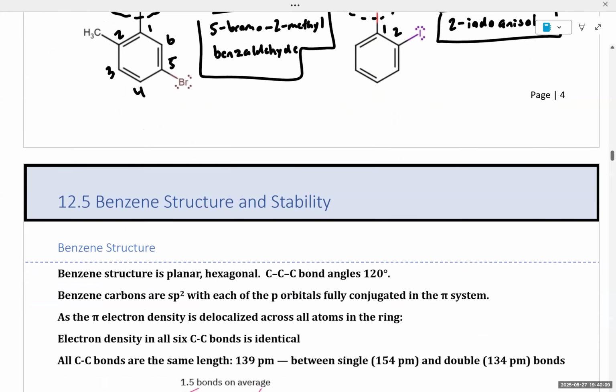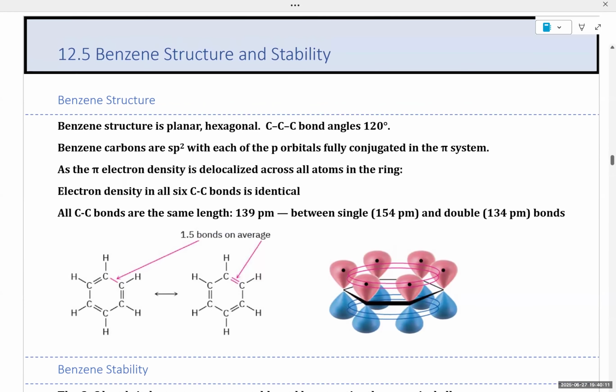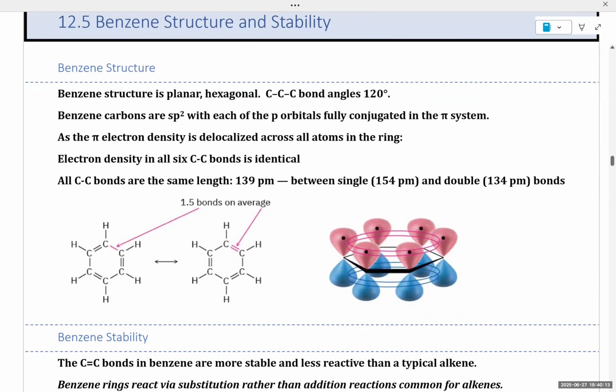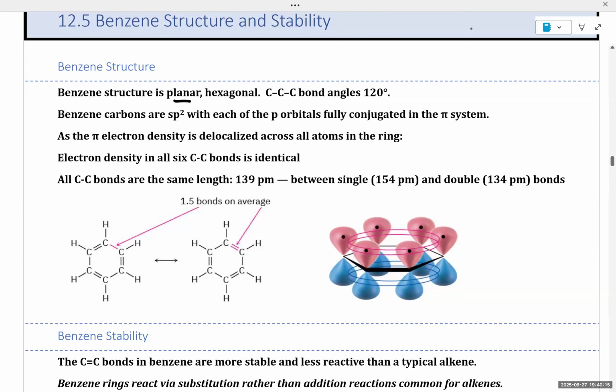Okay, let's now discuss a little bit about benzene's structure and stability. Benzene is planar hexagonal with carbon-carbon bond angles of 120 degrees. The benzene carbons are sp2 with each of the p orbitals fully conjugated in the pi system.